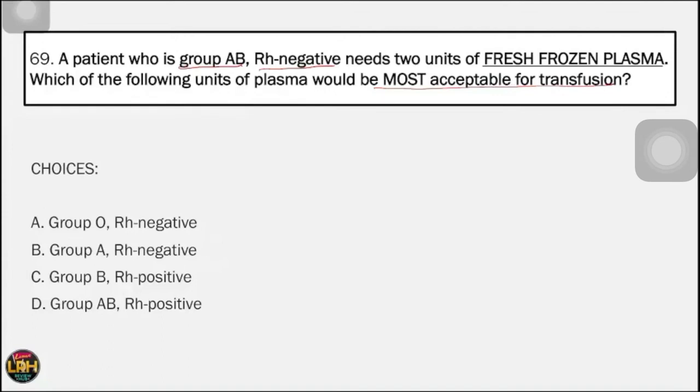Remember, our patient has antigens A and B, so we never take blood, especially fresh frozen plasma, from blood groups producing antibodies against the antigens A and B. In this case, the best possible answer is Group AB, Rh positive.